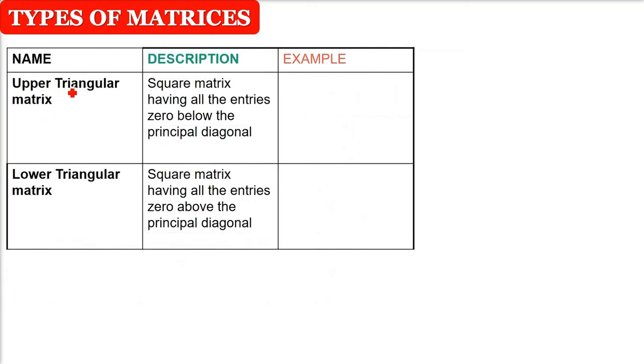Upper triangular matrix and lower triangular matrix. Now the main thing here is the diagonal. Whenever we talk about upper and lower, it has to be a square matrix first of all. Then only you will get a diagonal. And the diagonal, the lower part and upper part, decide whether it's an upper triangular matrix or a lower triangular matrix.